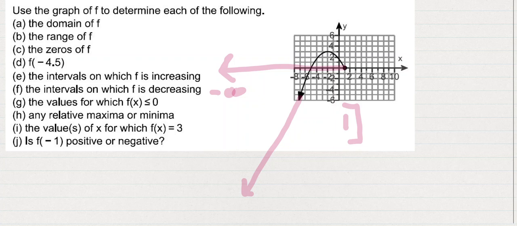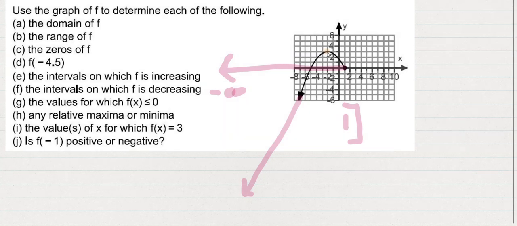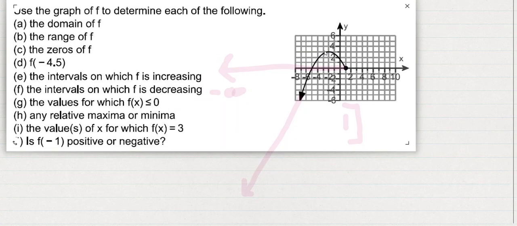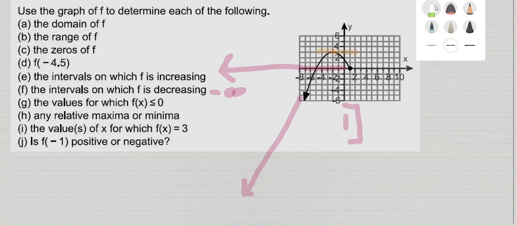That's the domain. And then when I look at the range, you can see that the highest point in the range appears to be 3. Let me name this point here to make this a little more clear.